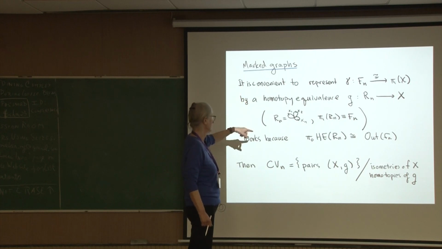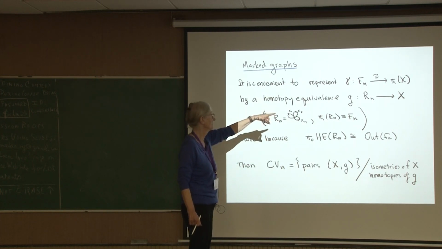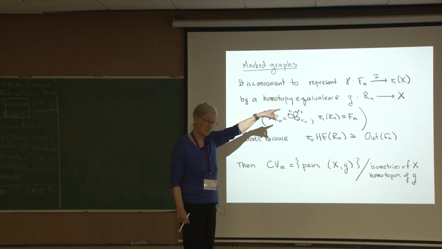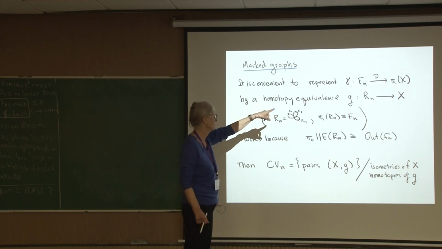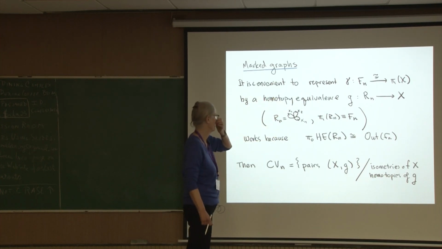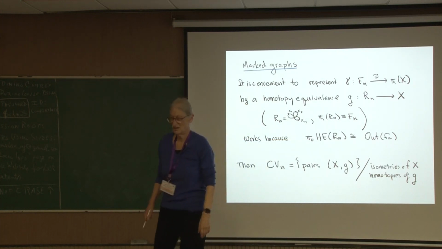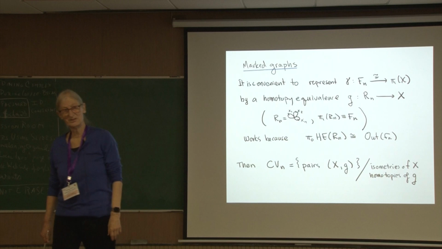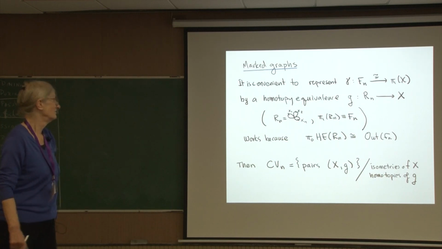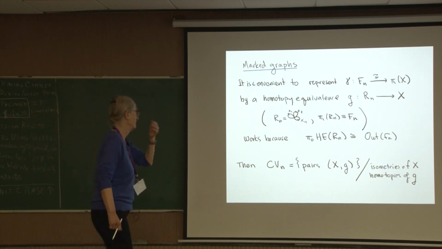This works because two homotopy equivalences of the rose that are homotopic to each other give you the same isomorphism on the fundamental groups. So you have to talk about pi 0, the homotopy classes of homotopy equivalences of the rose. Okay. Anyway, that's Out(Fn).